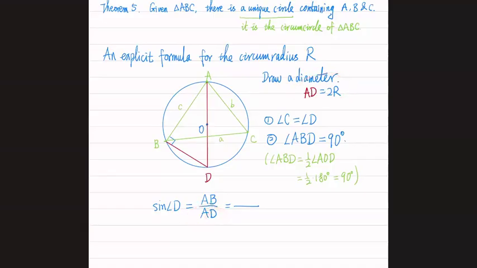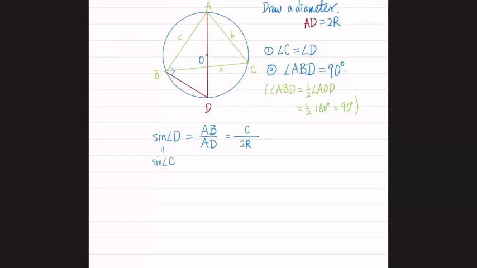Let's do a substitution. The numerator AB is our side c. Also, our angle C and angle D are the same, so this is also sine of angle C. So we have a new formula.